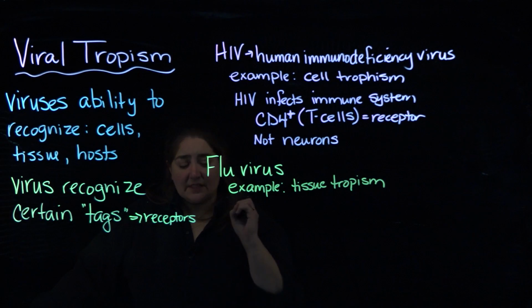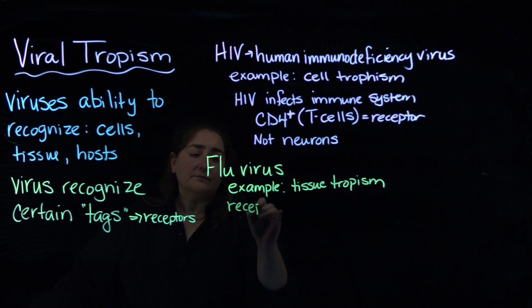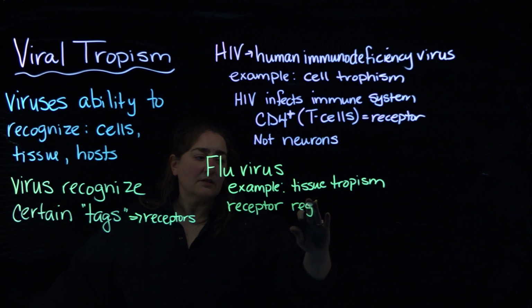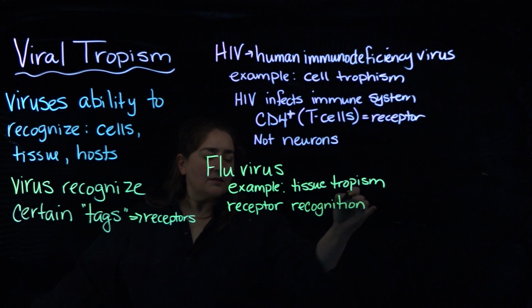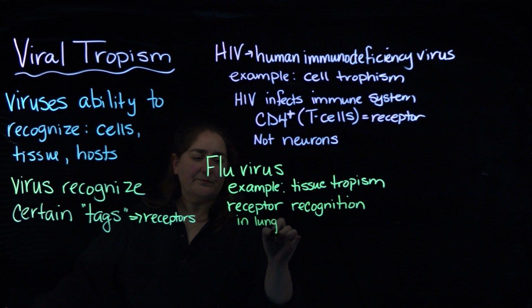So what happens, that flu virus has a receptor that it recognizes. Oops, I can spell today. I really can. Y'all probably don't believe that from my videos, but I can spell. So there's a receptor recognition in lung tissue.